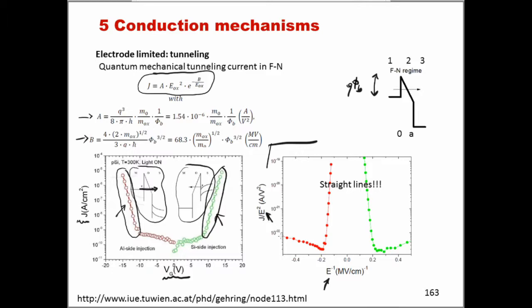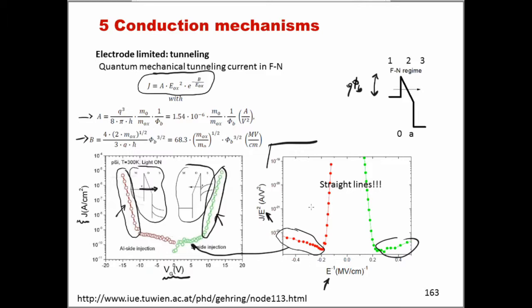Anyway, once we do this plot, straight lines should appear. In this case, we can clearly see these straight lines. Obviously, there are parts that do not follow the straight line, because they refer to the regions where the current was still very small and we were not yet in the Fowler-Nordheim regime.